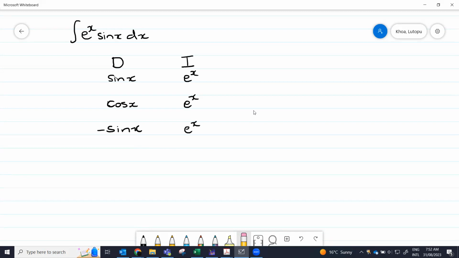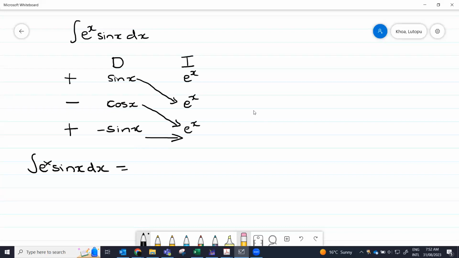Okay, so I'm going to stop there, and then I put my plus minus as usual. So I start with a plus always, then a minus, and then a plus. Then I draw my arrow first with the second one, second with the third one, and in the last row, it is horizontal. And then we write the integral of e to the power of x sine x dx.